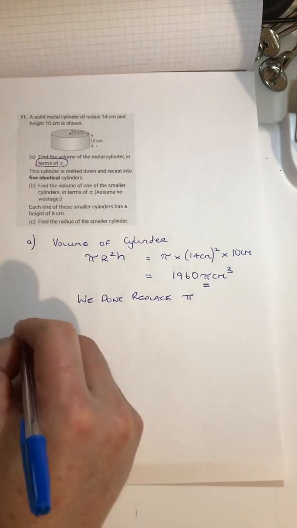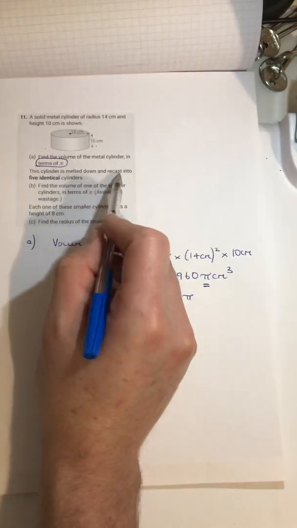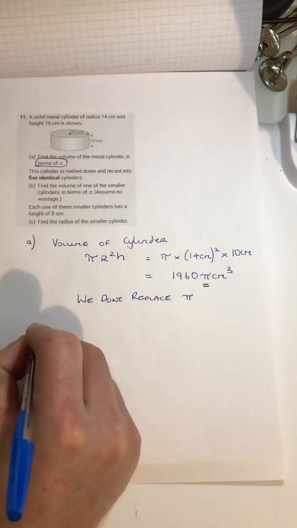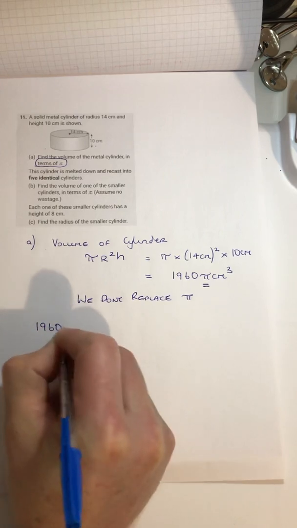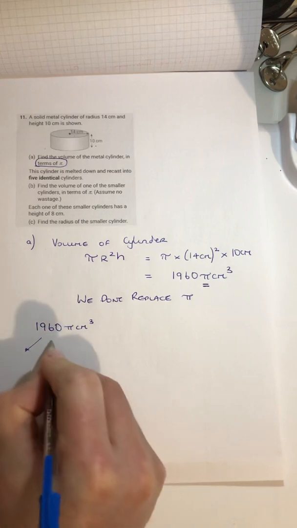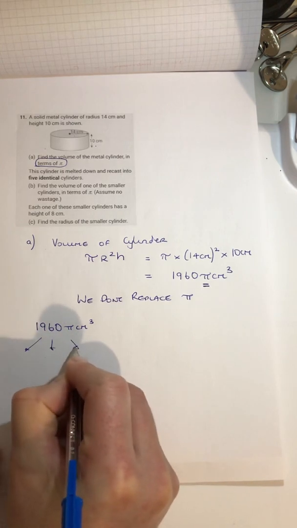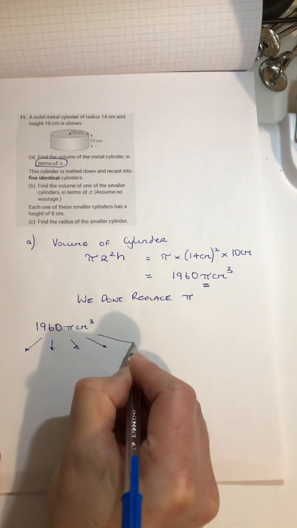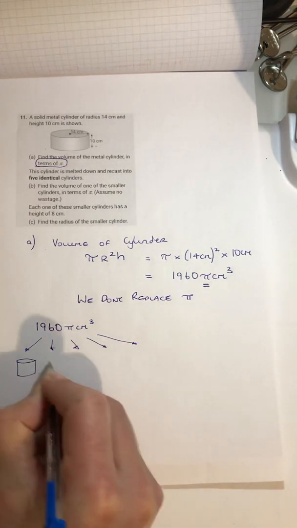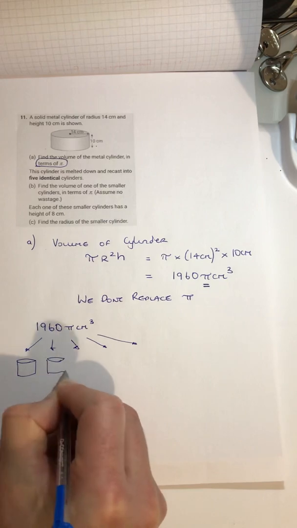Okay, now this cylinder is melted down and made into 5 identical cylinders. So 1960 pi is split into 5, and they're all the same. So now we have smaller cylinders, 5 of them.